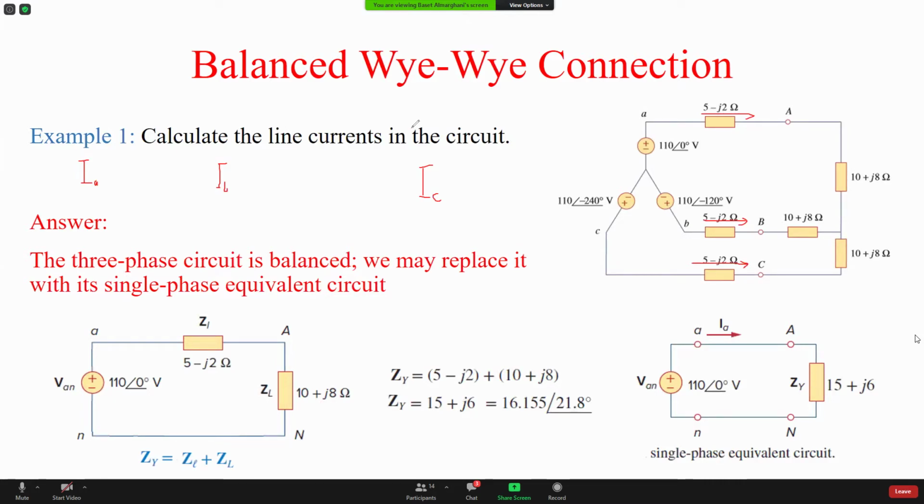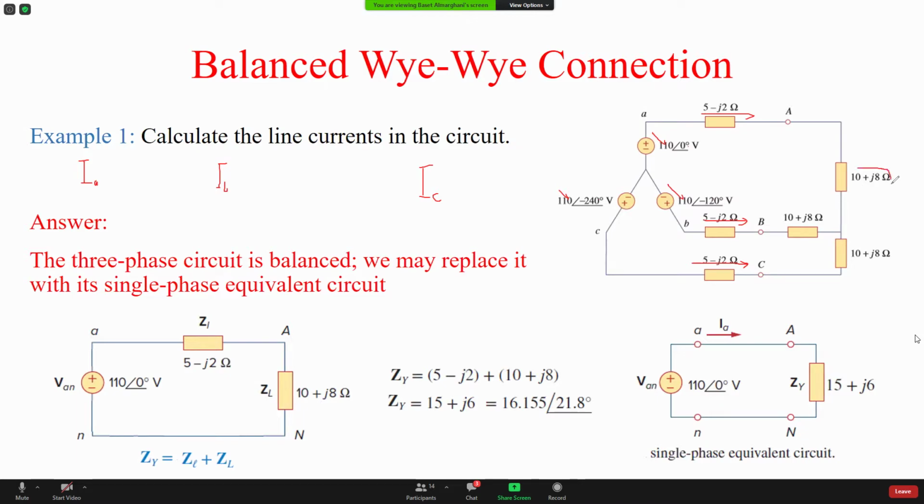This is what the question says. Now, the first thing we have to see is what kind of connection do we have? We know we only have balanced, so we don't even need to check for unbalanced, because I'm not going to give you an unbalanced system. And balanced means, just for the future, voltages are equal in magnitude. Phase shift is 120.